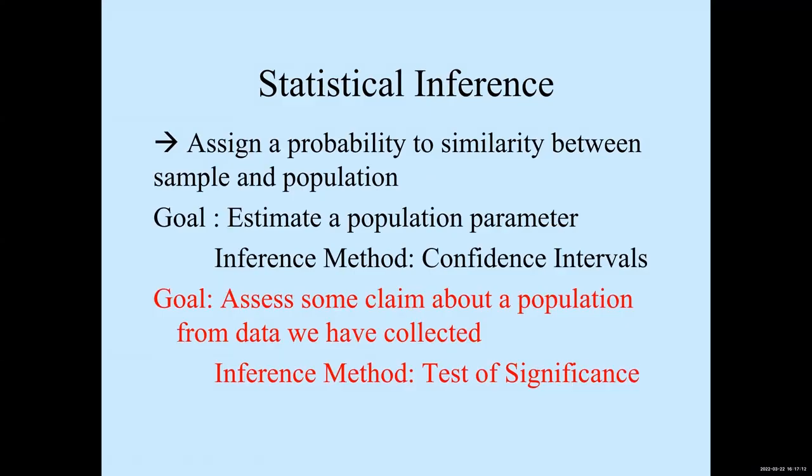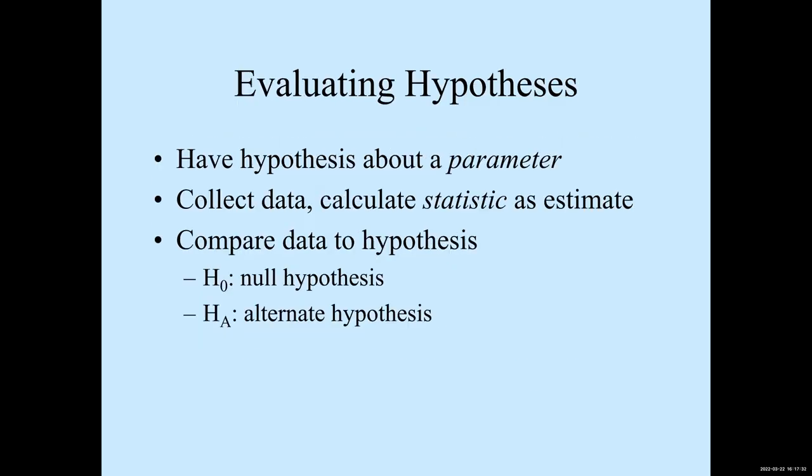All right, so the next kind of inference that we're going to do is to assess a claim about the population. We're going to do this by doing what is called a hypothesis test, or a test of significance. We're going to use a special kind of logic in order to make this work.